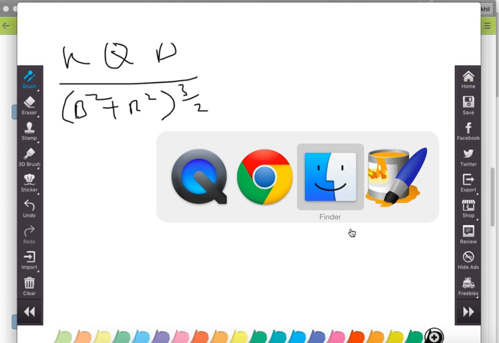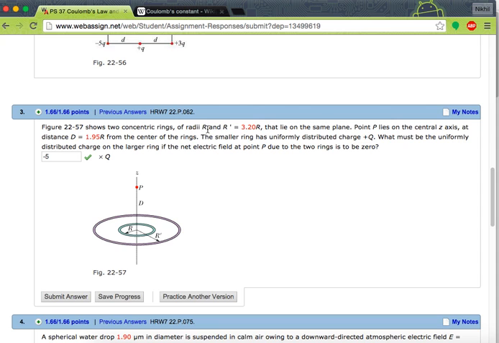And by the way, this R is this R right here, because this is small. We're talking about the inner one.